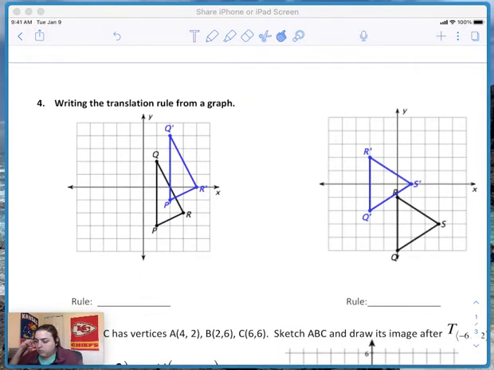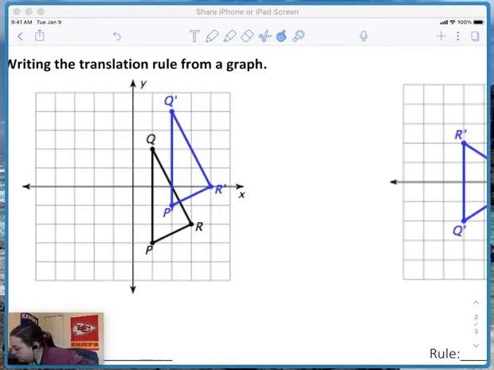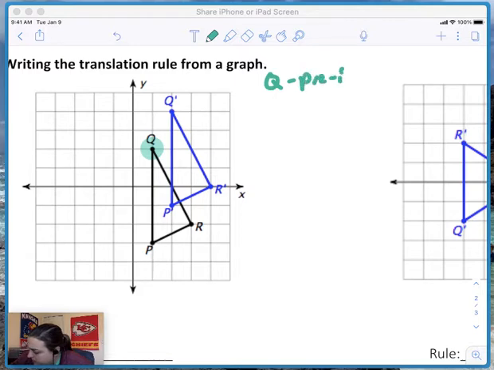So now we're going to write the translation rule based off the graph. We're just going to focus in here on one point. Remember, Q is the pre-image. That's before the translation.